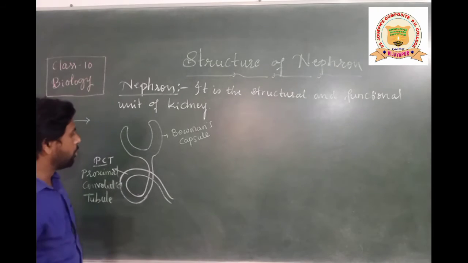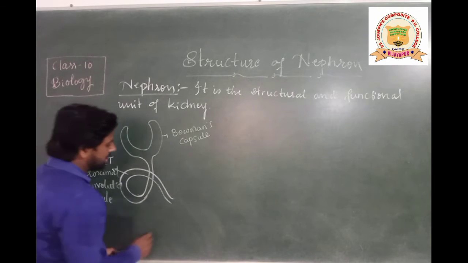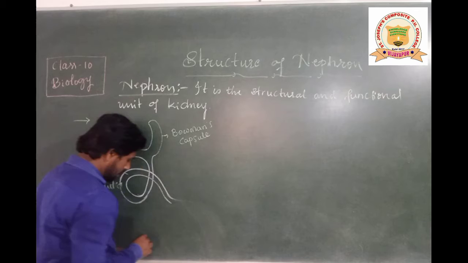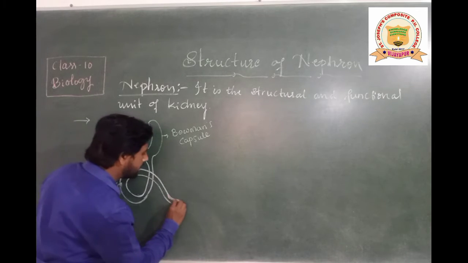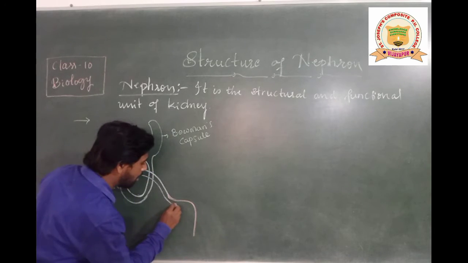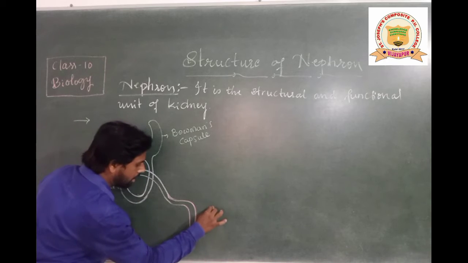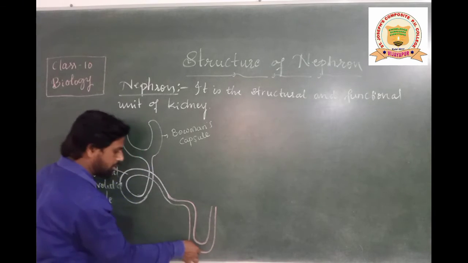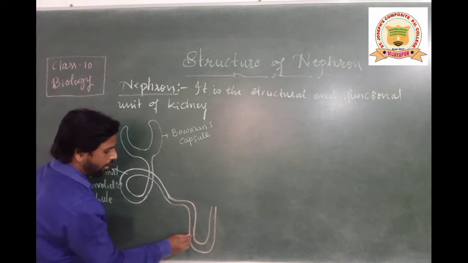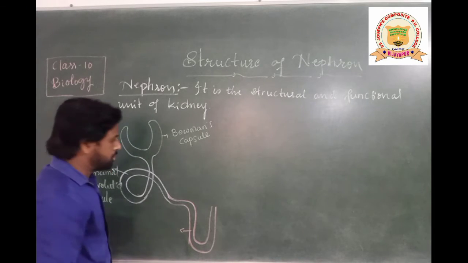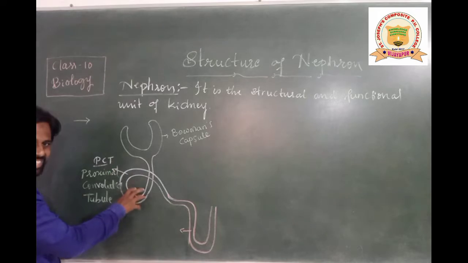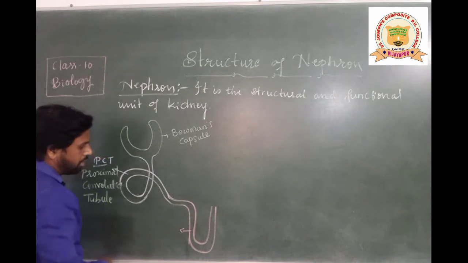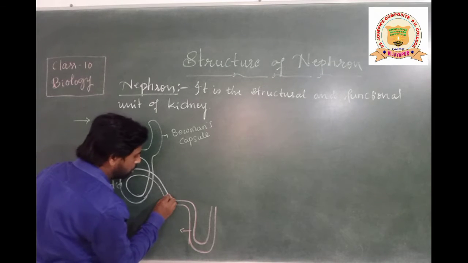Later this proximal convoluted tubule converts into the next U-shaped structure, students. After the PCT, the next structure of the nephron is a U-shaped structure.